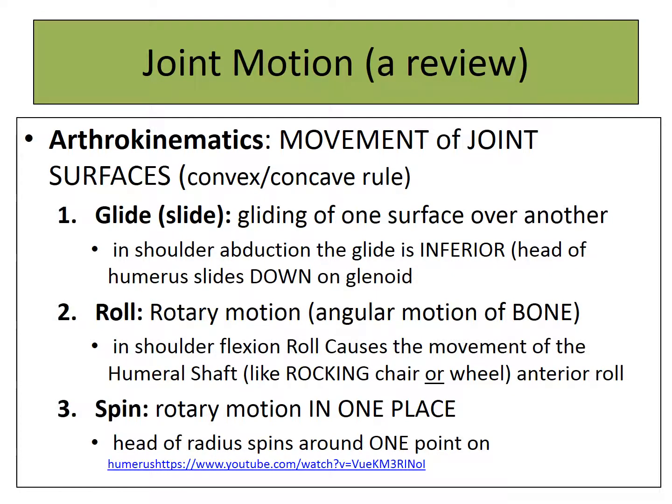As a reminder, the roll is always going to follow the direction of the distal bone. So if we go into knee extension, we're going to have a roll that is superior.